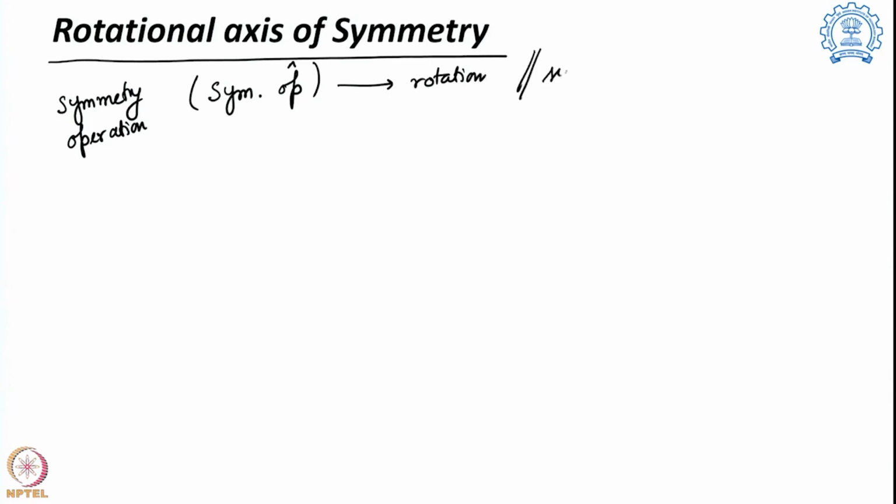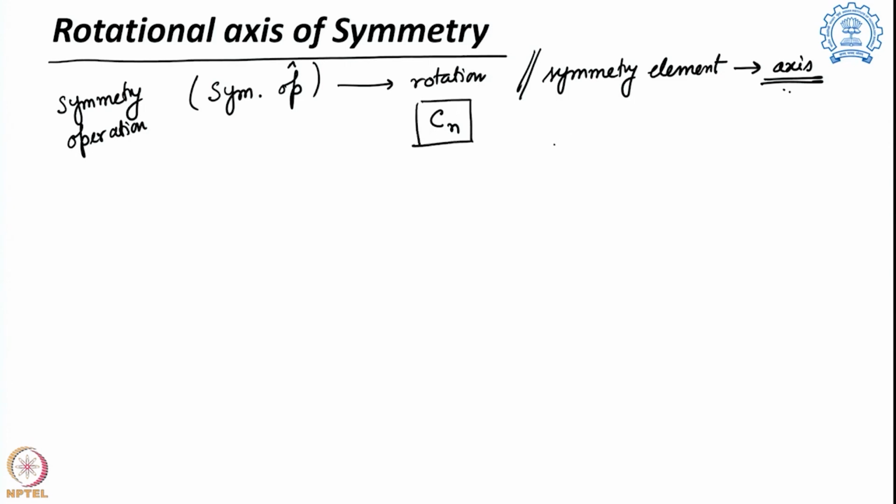And the symmetry element is an axis, and this is defined as Cn.